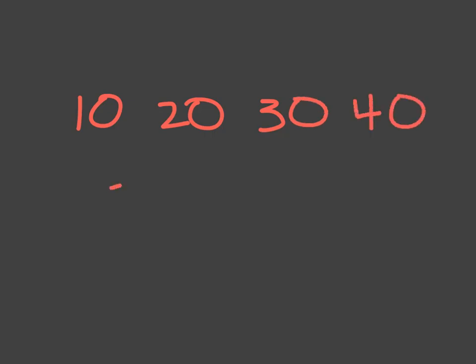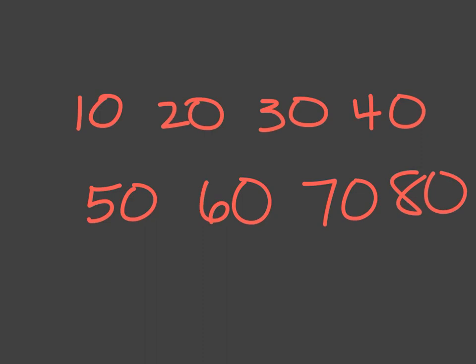Before we go to our next equation, I just wanted to remind us when we say tens, we are talking about these numbers that are tens. They have a 0 in the ones place and they have a number in the tens place.